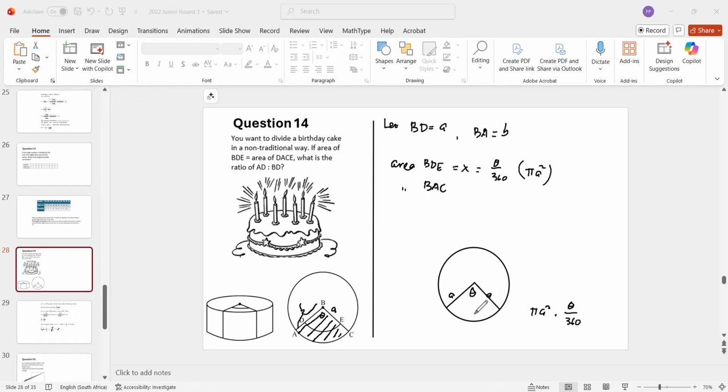It's a similar kind of thing, and let's call that Y. This is Y, this whole shaded area. And that area, again, is the same fraction because it's the same angle. But now it's the area of the large circle, which is pi b squared. Okay, so you have a nice equation.